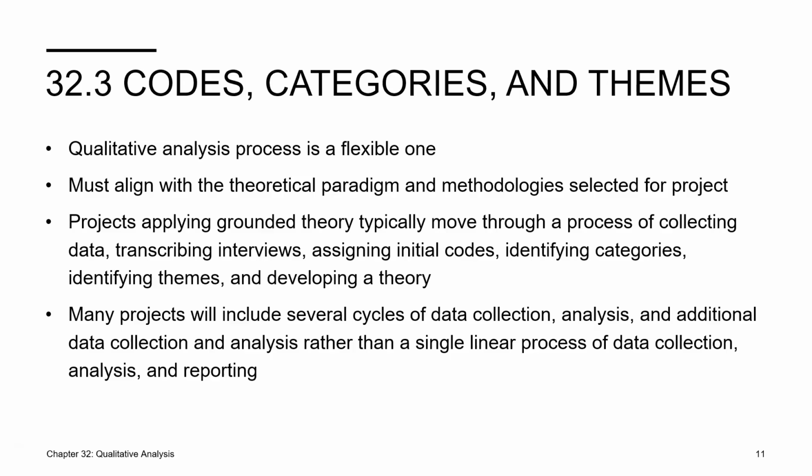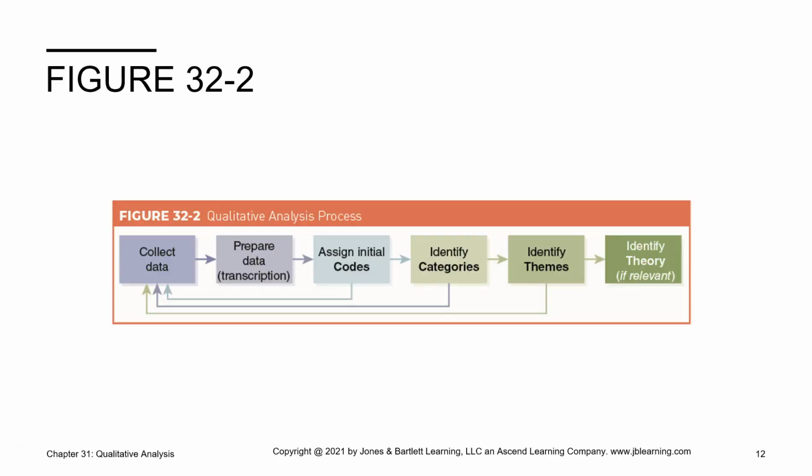Projects applying grounded theory typically go from collecting data, transcribing interviews, then assigning initial codes, then creating categories, themes, and developing a theory. But sometimes projects have multiple cycles of data collection, analysis, and theory creation. Other times they only have one, and so it's really flexible depending on the study. And so figure 32.2 goes over that flexibility.